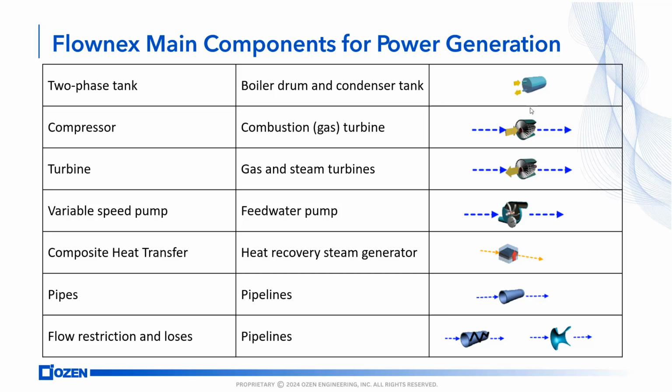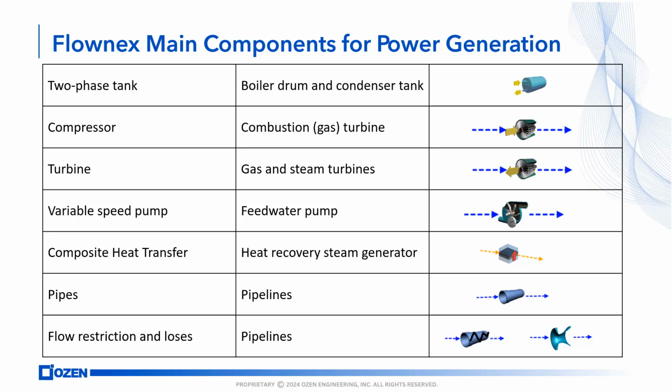Then we have the compressor and the turbines that we'll be using for the gas turbine system and steam turbine system. We have a pump, for example here for the feed water pump, it could be variable speed. We can have other types of pumps in Flownex.